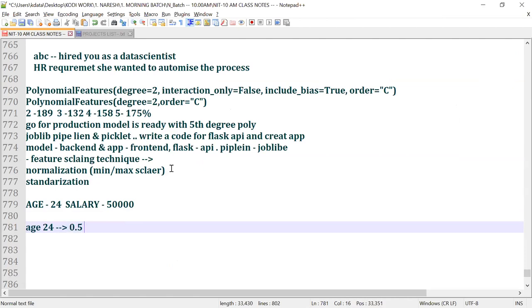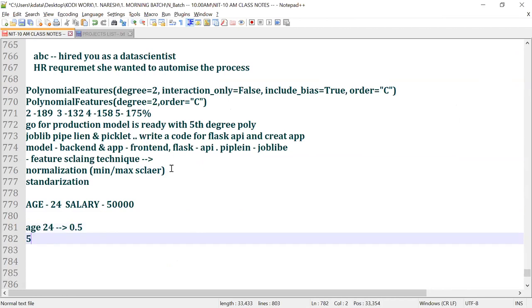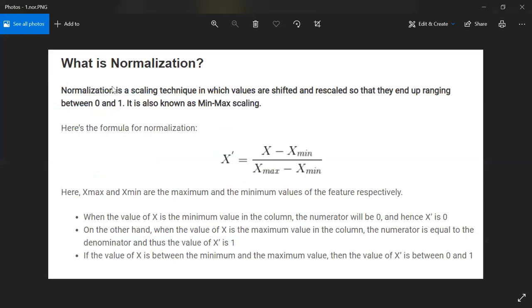And 50,000 has also converted to 1. Who does this, guys? This formula: normalization is a scaling technique in which values are shifted and rescaled so that they end up ranging between 0 and 1. X dash equals x minus x minimum divided by x max minus x minimum.